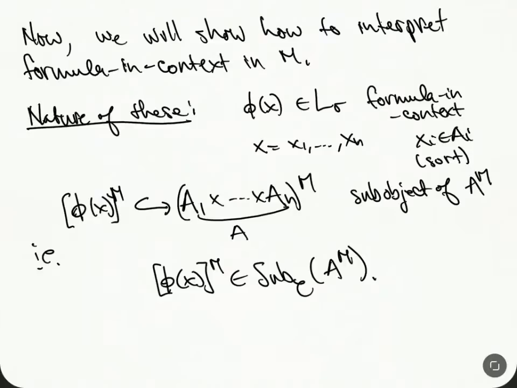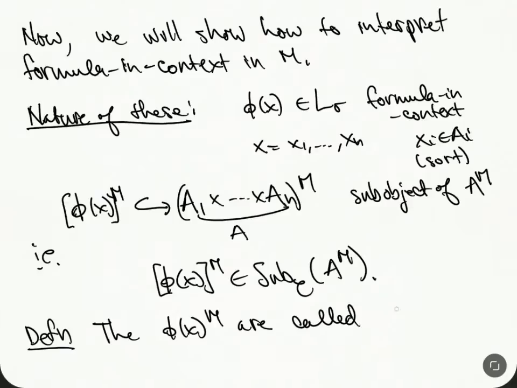Let me say this before we even start. Once we have these, let me give a definition. Okay, I'm going to give some terminology. This is more terminology because I haven't really defined it, but I'll define these in a second. The phi xm are called definable objects.